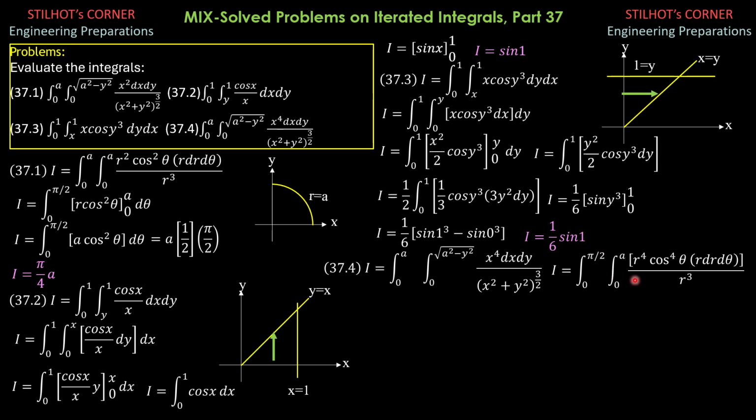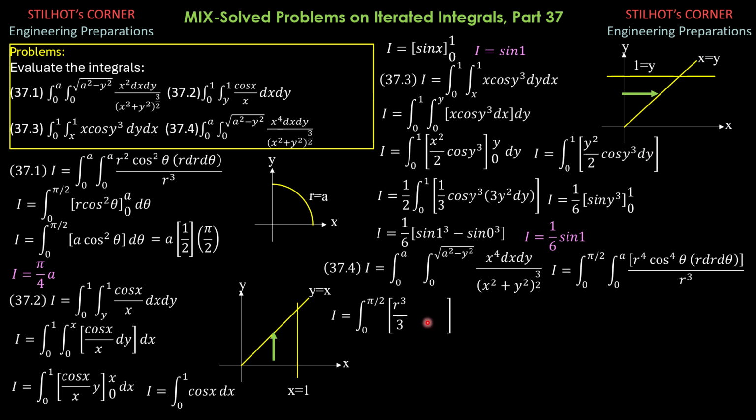So r to the fourth cosine to the fourth theta; dx dy is r dr d theta, as explained in the preceding slides. Then r cubed. So that's r squared cosine to the fourth theta dr d theta. We evaluate with respect to r first.